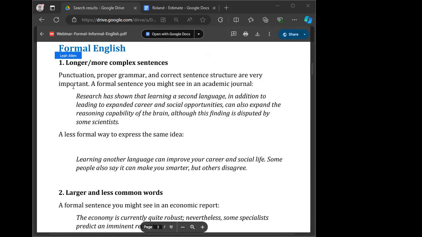Here, for example, it says, research has shown that learning a second language, in addition to leading to expanded career and social opportunities, can also expand the reasoning capability of the brain, although this finding is disputed by some scientists. So all of that is one huge long sentence. That's how we know that it's formal.